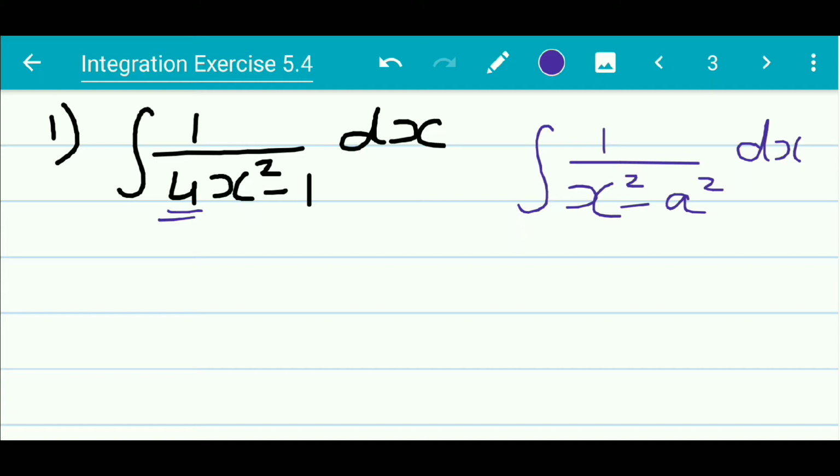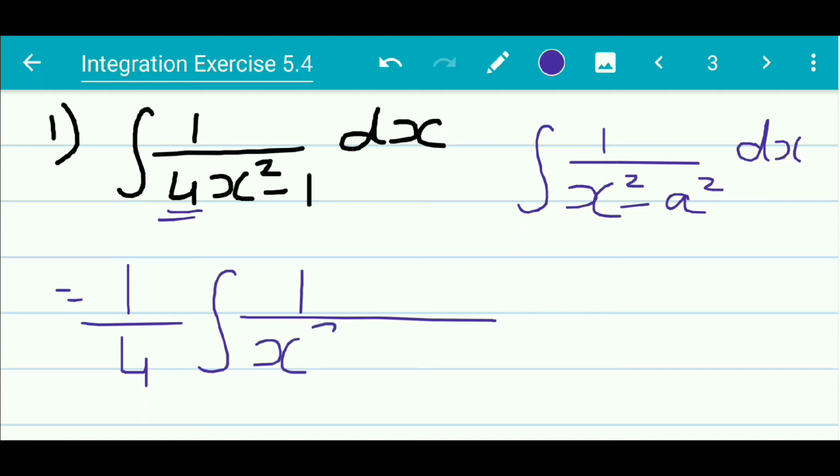So thus our integral becomes this way, that is 1 upon 4, into 1 upon x square minus, again 1 is also divided by 4. Both the terms have to be divided by 4. So it becomes like this now.